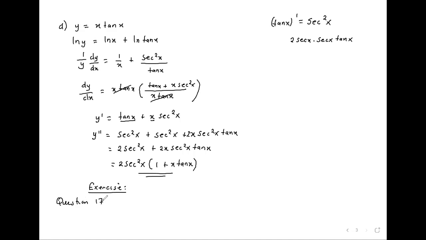question 17, 1 and 2. The table sheet is there in the group. So to avoid excuses, 1 is x squared plus 2x minus 2xy squared is equal to 2, and 2 is y is equal to x squared 3x plus 1 over x to the 4 plus 2.